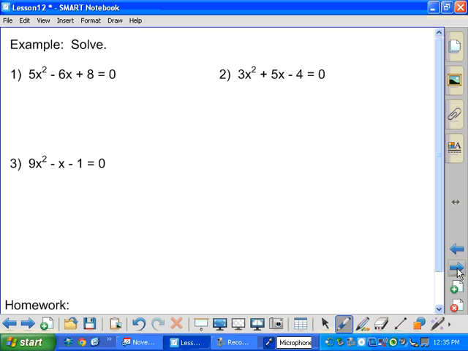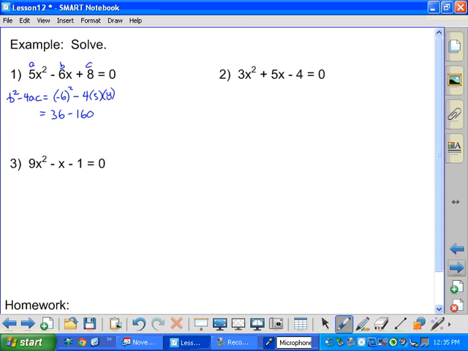So how do I handle this? For the first part, until you get back in the swing of things, I'm going to label it as a, b, and c. I'm going to check my discriminant first. b squared minus 4ac is equal to negative 6 squared. You have to take the sign in front, so negative 6 squared minus 4 times 5 times 8. So 36 minus, 4 times 5 is 20, times 8, so 160.